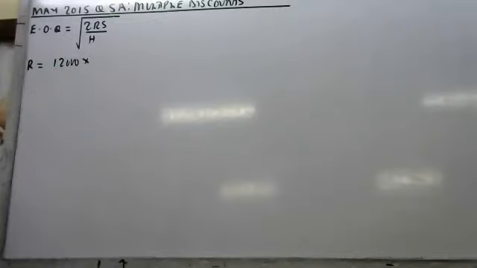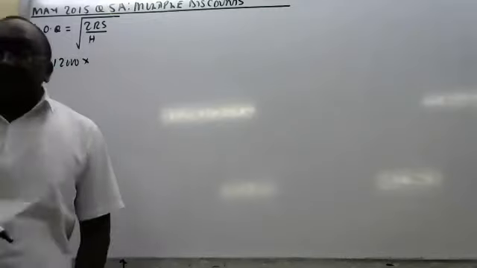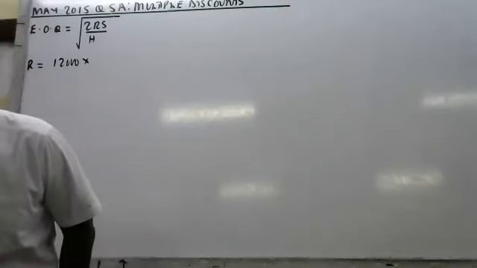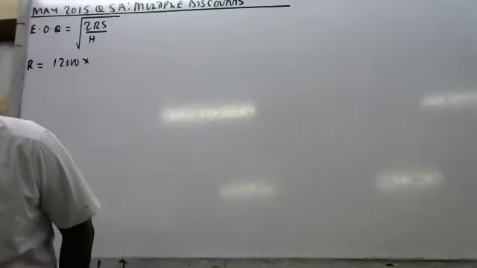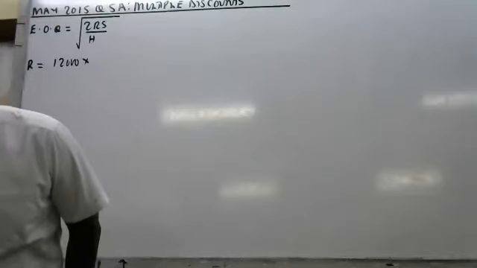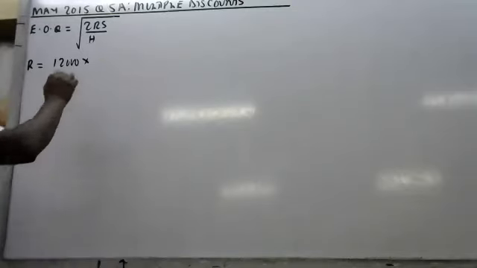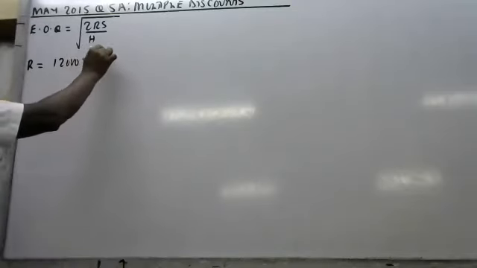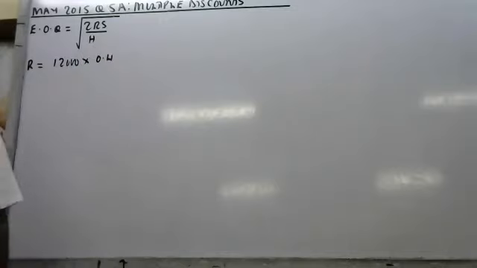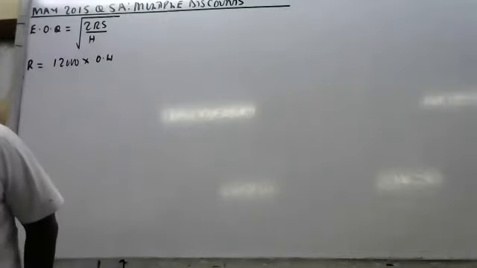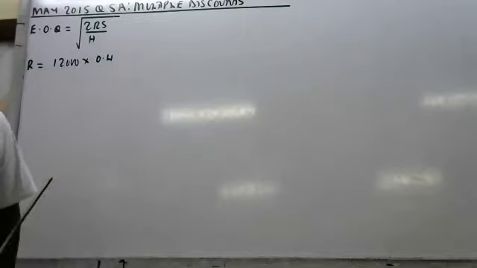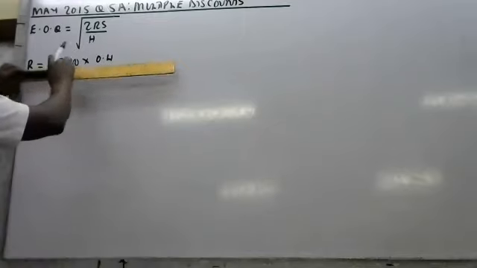Now, this 12,000 is for the product that is made. And we are told we require 0.4 kilos of the raw materials. So you must multiply by 0.4. And then we are told that there will be a loss of 20%.